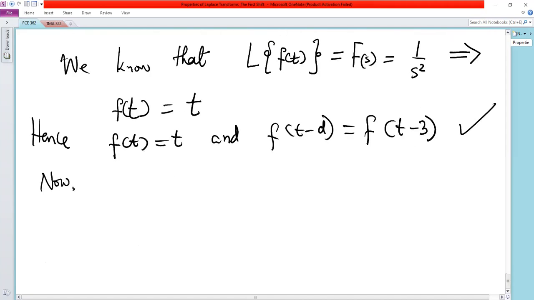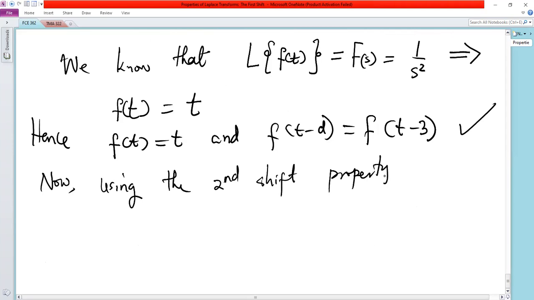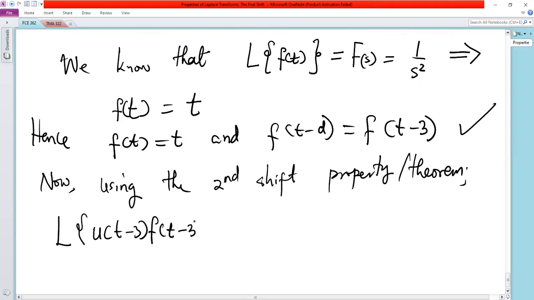Now, using the second shift property, or theorem, the Laplace transform of u of t minus 3 times f of t minus 3 should give us the Laplace transform of u of t minus 3 and then f of t minus 3, the answer is t minus 3 as obtained from here.